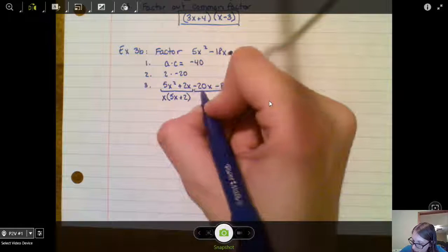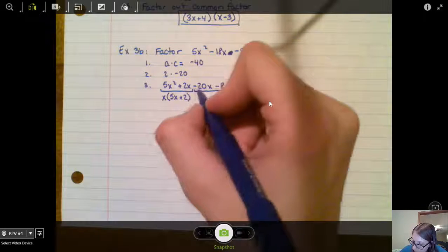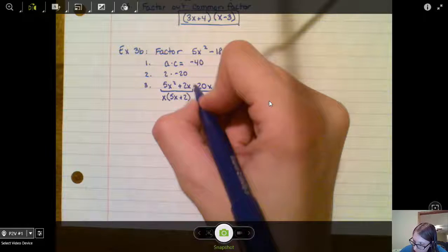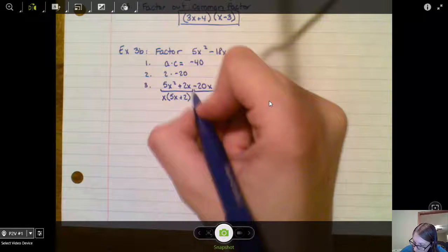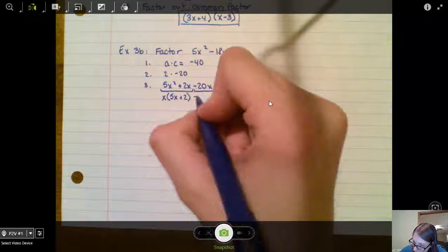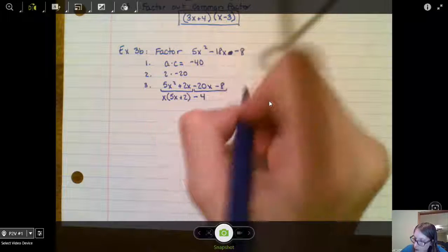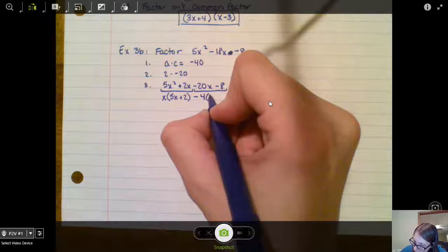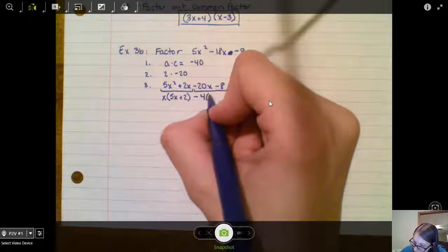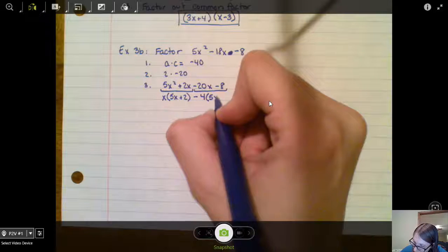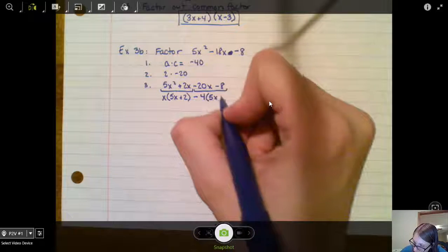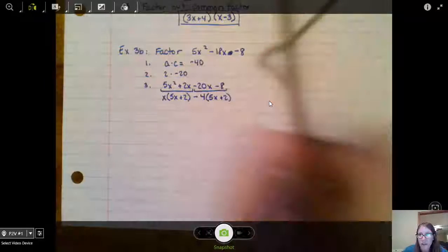And right here, negative 20x minus 8. Follow our sign here. This is a negative, so I want a negative factored out. Minus 4. 4 times 5 is 20x. Negative 4 times positive 2 is negative 8.